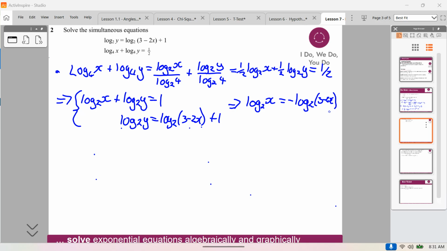Okay, I'm thinking about the minus sign and what to do with it. I'm going to move it onto the left-hand side and make this 1 over x and leave this as 3 minus 2x. So I'm going to multiply through by x.